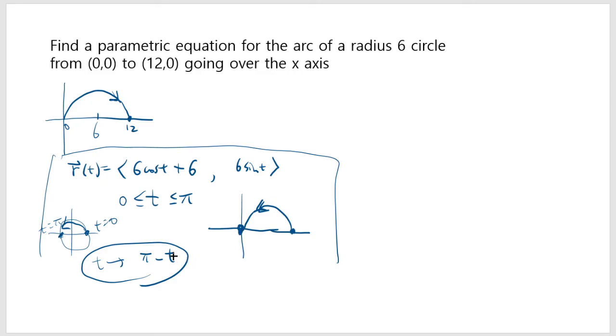And when t is pi, you end up with this. So if you say r(t) equals 6 cosine(pi minus t) plus 6, 6 sine(pi minus t), then this one will give you exactly what you want. It starts from here and ends there.